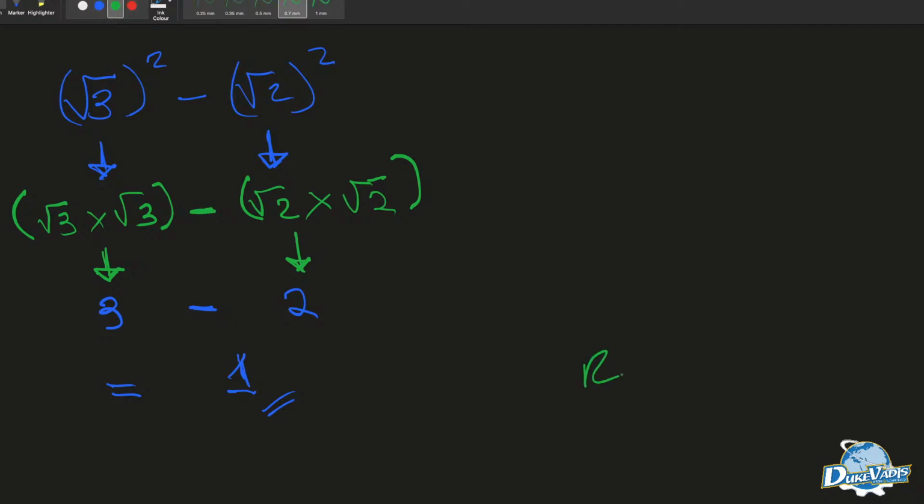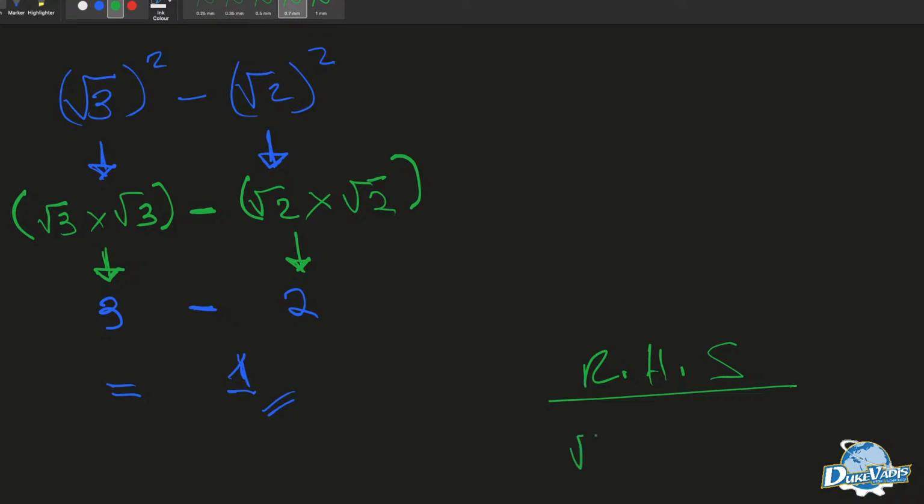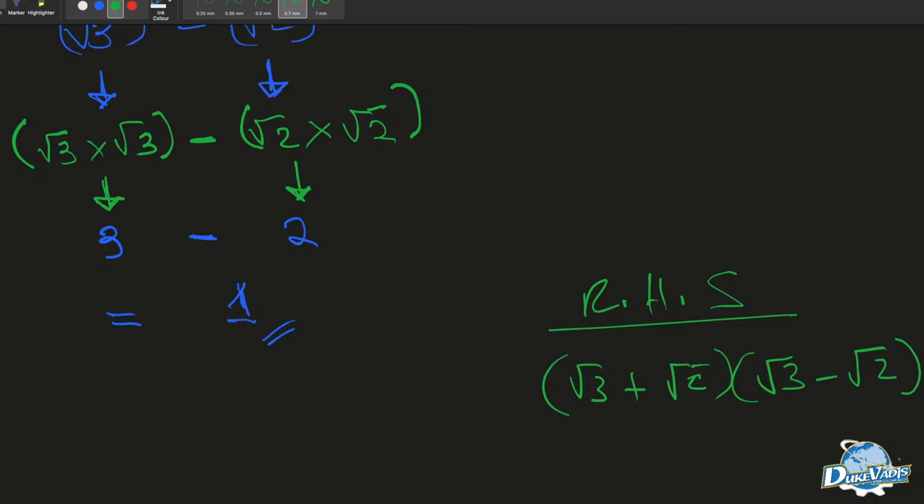That says root 3 plus root 2, times root 3 minus root 2. So this is what we had. How do we expand this? We have to expand this to verify that the left-hand side is equal to the right-hand side.